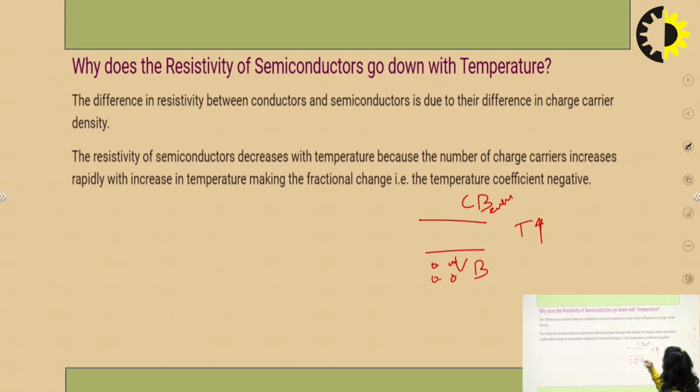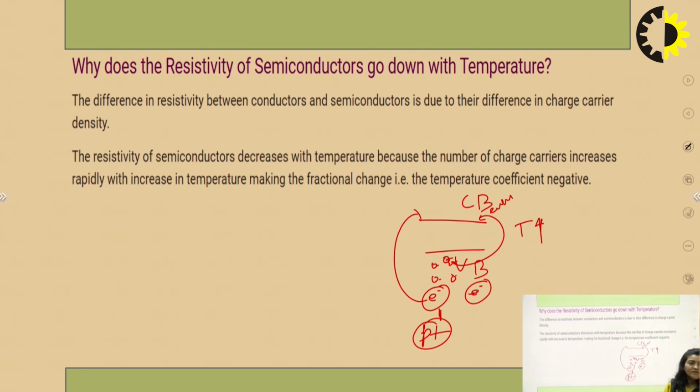As temperature increases, some electrons will move towards it, making this positive. Suppose these are all electrons. As the electron moves towards this, the vacancy left behind has a positive charge, which we call a hole.